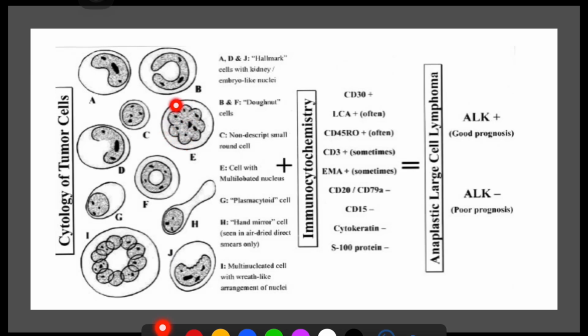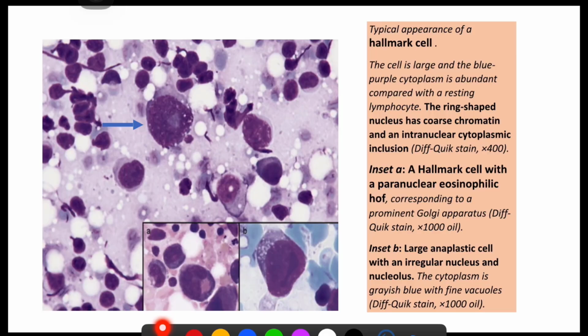This is called multilobated floret appearance. This is plasmacytoid appearance, and this is hand mirror appearance. And here you can say this is a multinucleated cell with wreath-like arrangement of nuclei. So these are the different shapes of cells you can identify in ALCL.